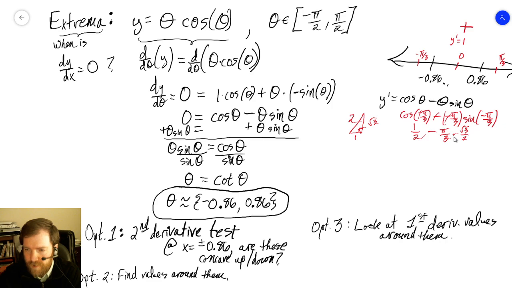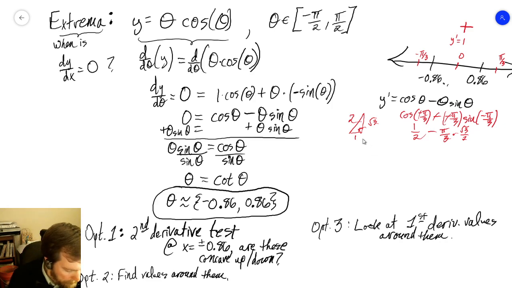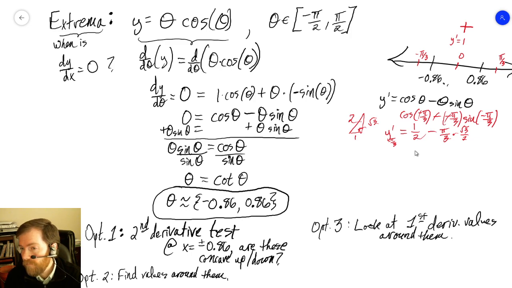Got to remember to exaggerate my pen lifts on these. So y prime at negative pi over 3 is 1/2 minus pi root 3 over 6.